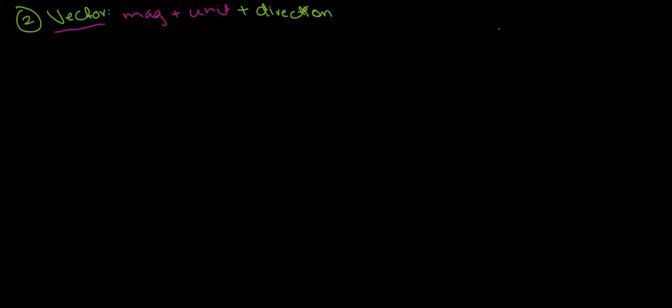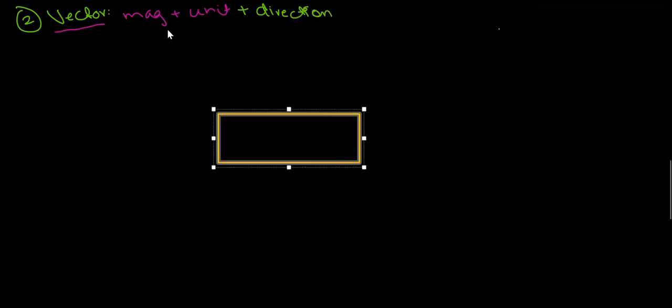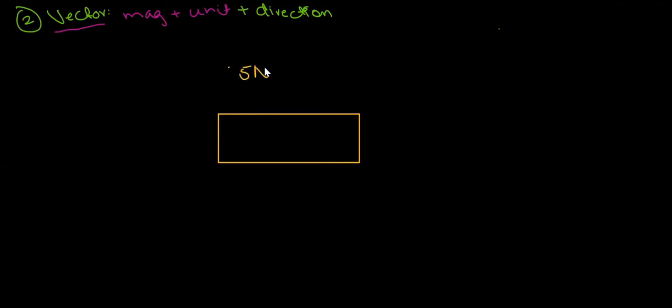Now, for example, you have this box. Now, I come up to you and I say, all right, can you please push this box with a force of 5 newtons? Newtons is the unit of force, by the way. We'll talk about this in the next chapter. But I ask you to push this box with a force of 5 newtons. Now, what you have over here is the magnitude, and you have the unit.